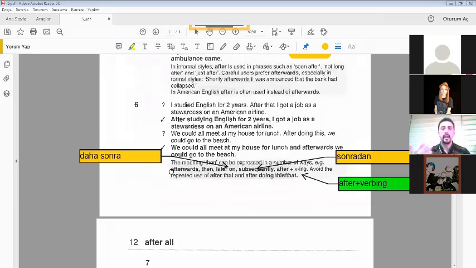What is the meaning of then? Means afterwards or later on, subsequently. As you see here, I wrote the Turkish meaning. Later on means daha sonra, or subsequently means sonradan. So all the time, if you want to use after in your sentences to mix 2 sentences, use after plus verb in ing form.